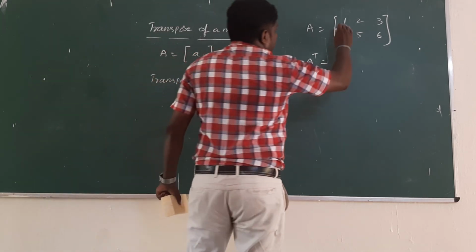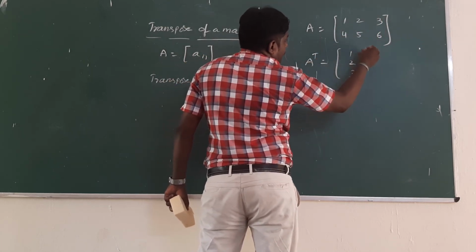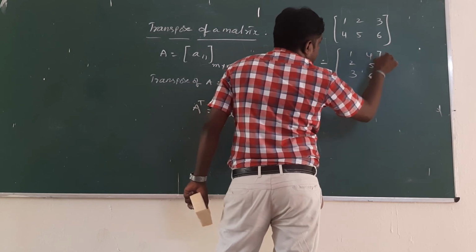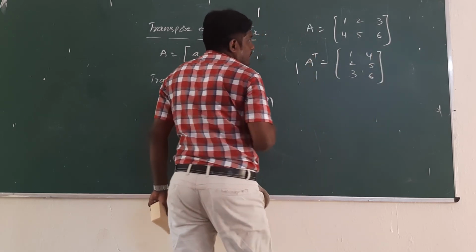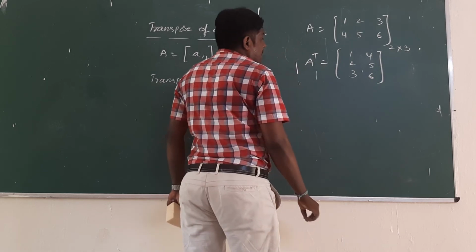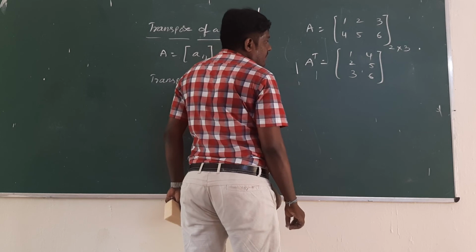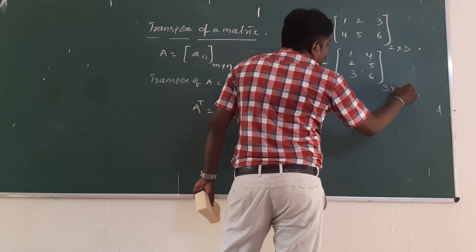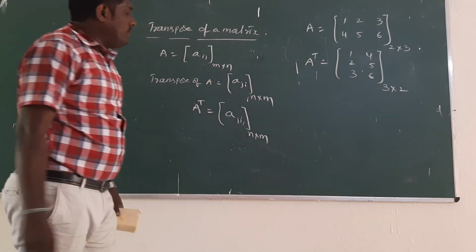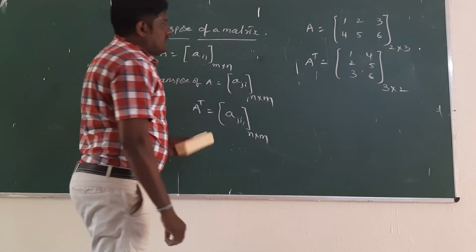So we convert the rows into columns: [1 4; 2 5; 3 6]. What is the order of A? 2 by 3. What is the transpose of A? The order of the transpose of A is 3 by 2. This is about the transpose of a matrix.